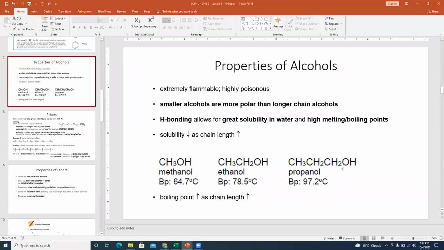I mean, there are some dipole-dipole interactions here, but typically when you're talking about hydrocarbon chains, it's mostly London dispersion forces that are in play. So if you can imagine, the longer this part is, there are more London dispersion interactions happening. And that's why you get this higher boiling point. Okay.